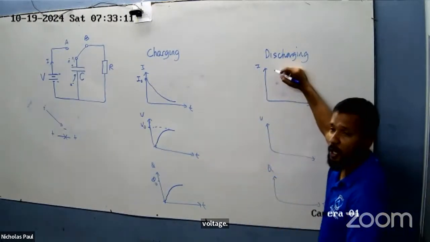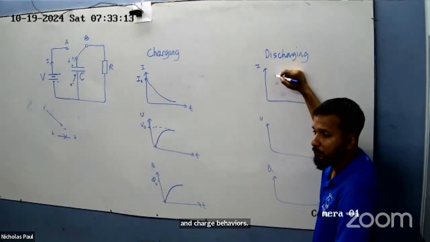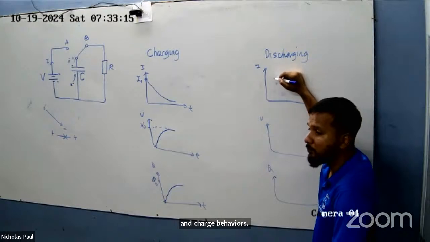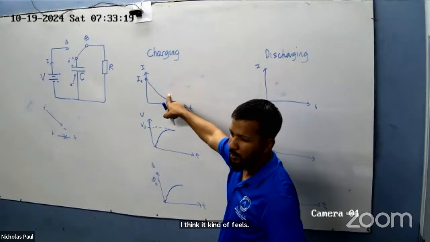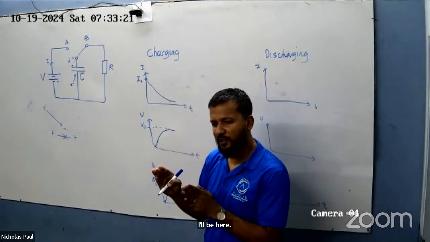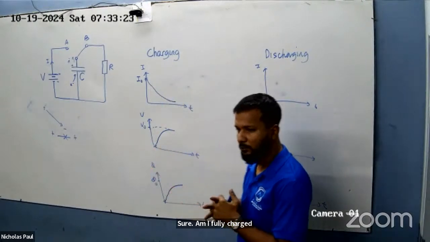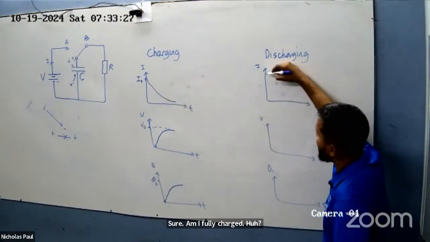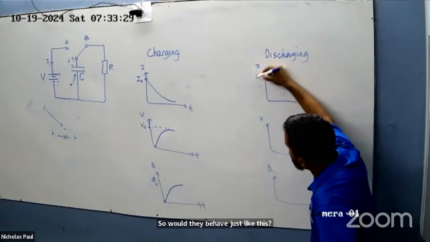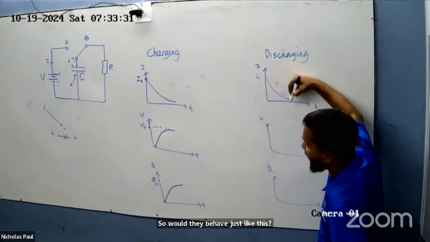How do you think the current will behave? Remember, it's fully charged, and the axes will be different. So would it behave just like this? It will start at the maximum and then start to lose current.